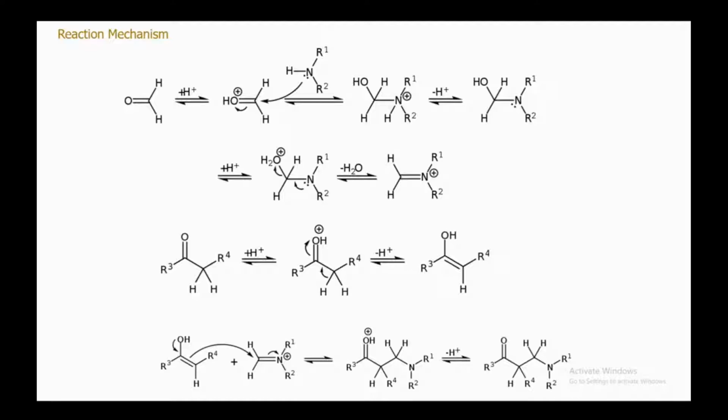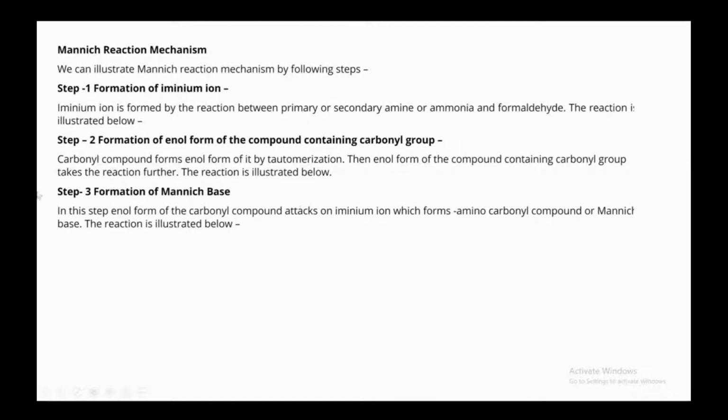So these are the organic functional groups which I have discussed in my previous video about functional groups of organic chemistry, where I described and defined how we can identify functional groups. Okay, this was step 1. Now let's look at step 2, formation of enol form of the compound containing carbonyl group.